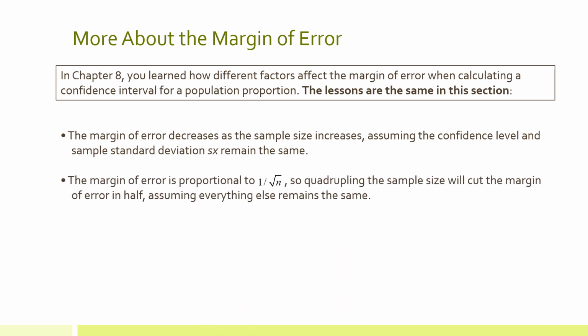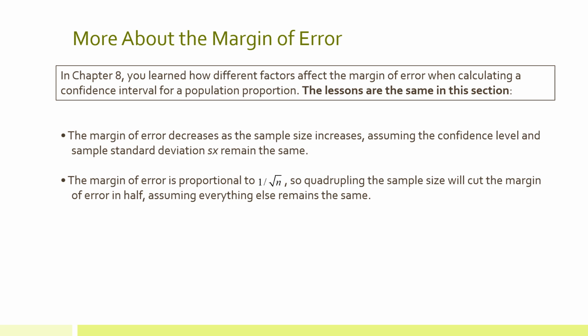The margin of error is proportional to 1 divided by square root of n. So quadrupling the sample size will cut the margin of error in half, assuming that everything else remains the same. So this is important to know.